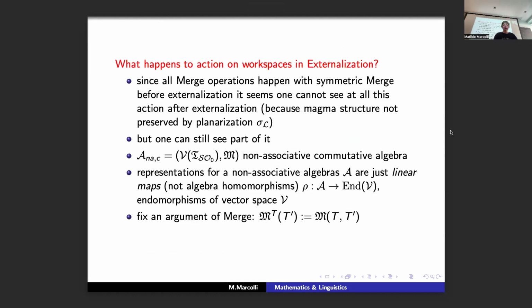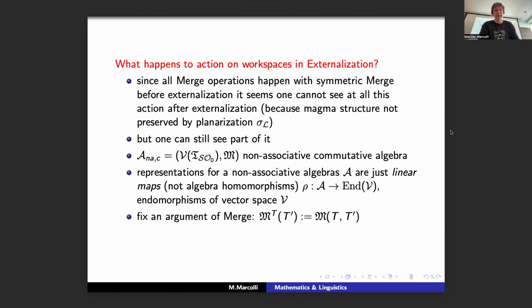And the reason is the following: if I want to write this out as a correspondence in this sense, I want to build into my correspondence the merge action, so that I can also keep track of how things are formed and then externalized.